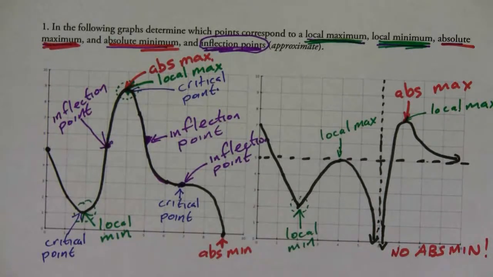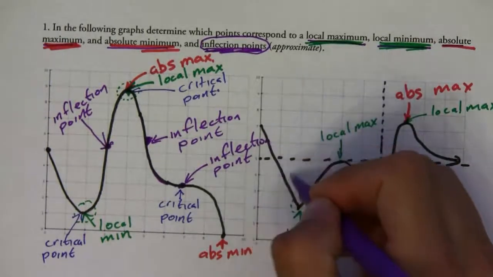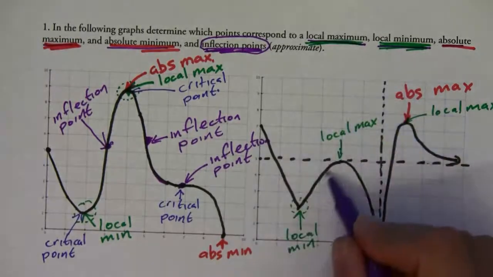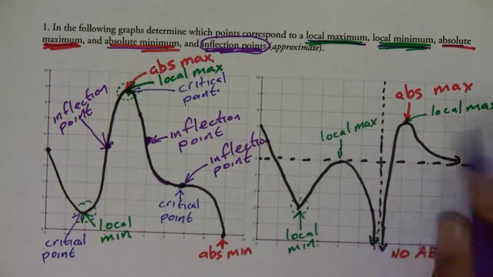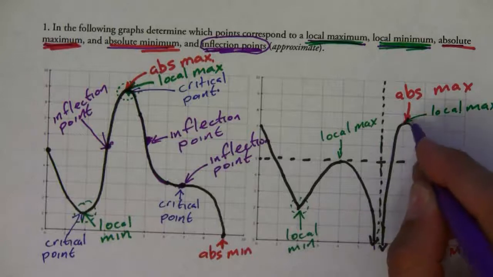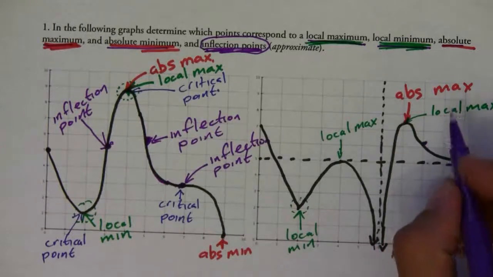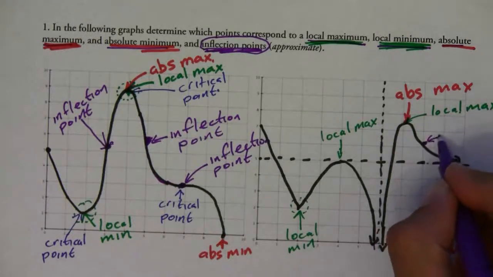Okay, now for the inflection points. The inflection points, remember, are where it changes concavity. This is a straight line, so there is no concavity here. And here it's concave down. And here you continue, it's concave down as well. And then somewhere around here we have an inflection point.